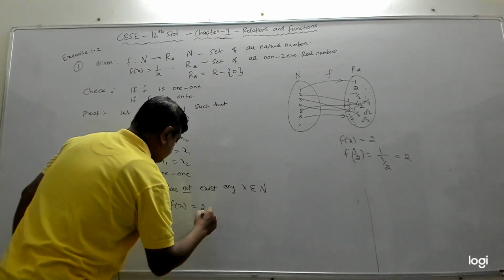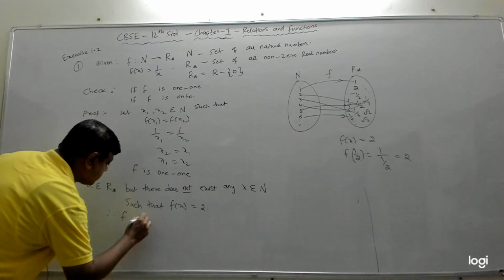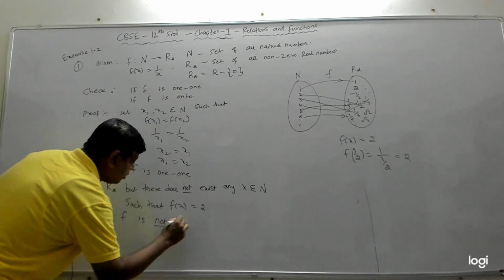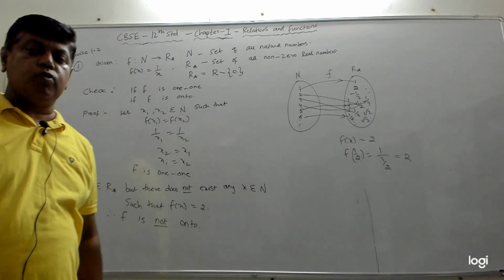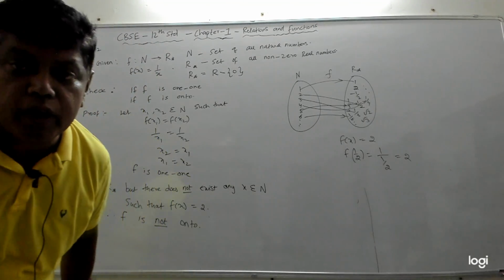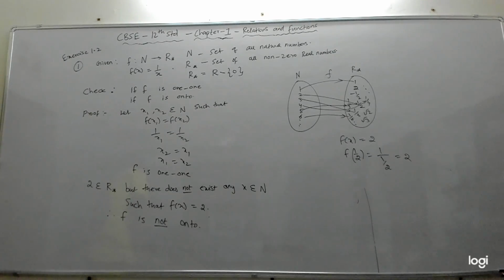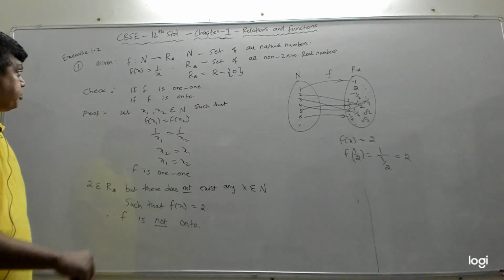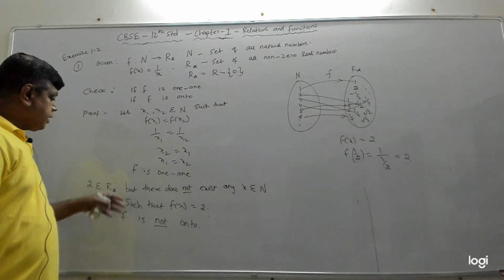Therefore f is not onto. F is not an onto function. F is a 1 to 1 function, but f is not an onto function. Fine. So this is how we show that f is 1 to 1, but f is not onto.